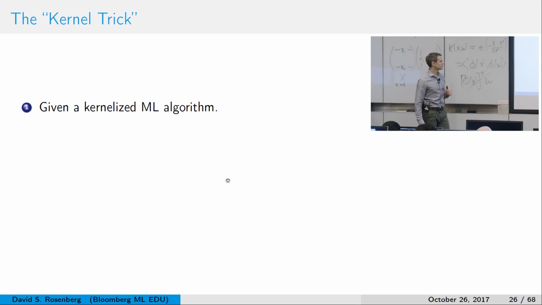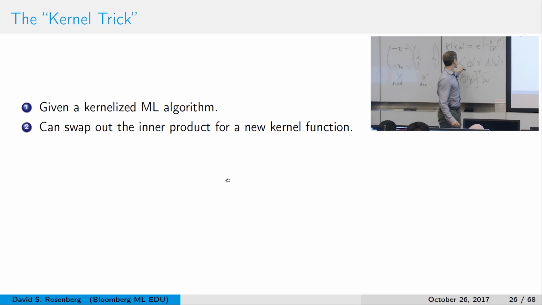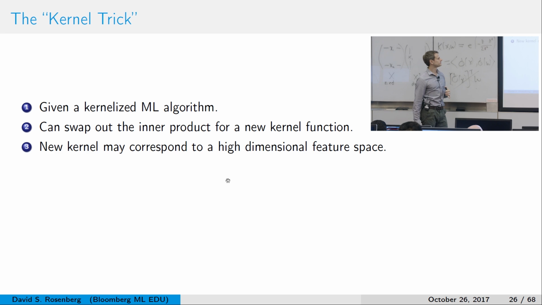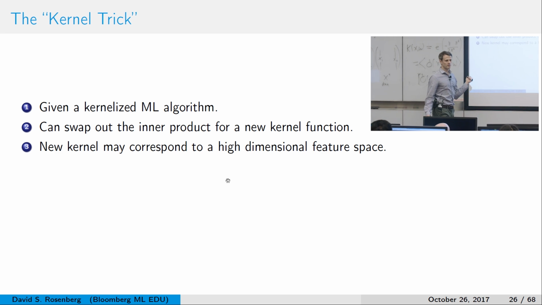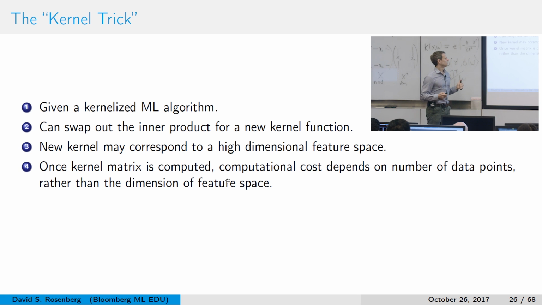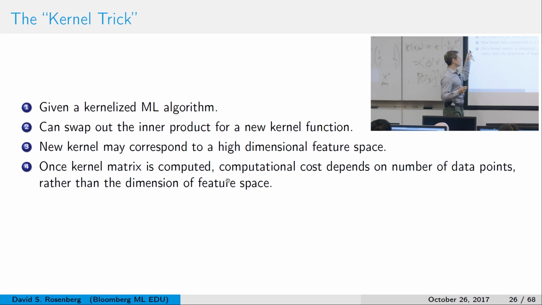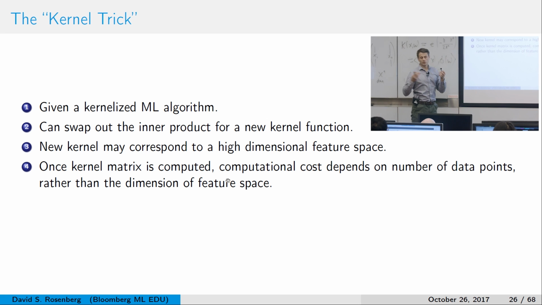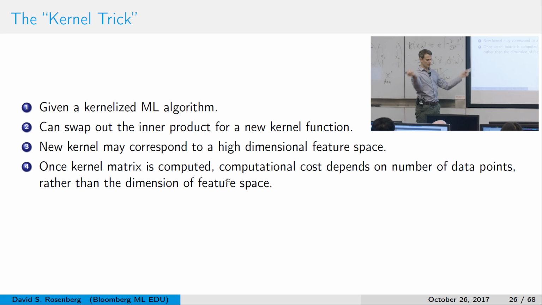All right. So that's a kernelized ML algorithm. Given one of those, we can take the inner product that shows up and swap it out with a new kernel function. The new kernel may correspond to some really high dimensional feature space, possibly even infinite. But nevertheless, once we compute that n by n kernel matrix, which the computational cost depends on n, we can just swap in that kernel matrix, and algorithmically nothing changes, but we do get a new result.